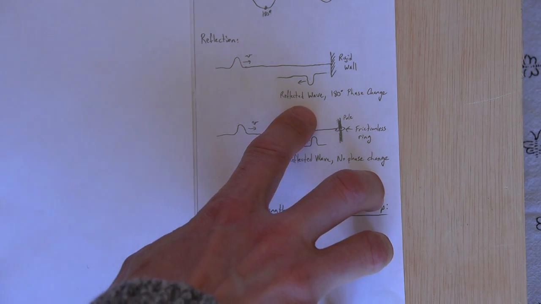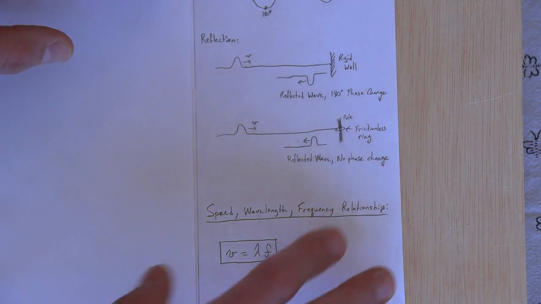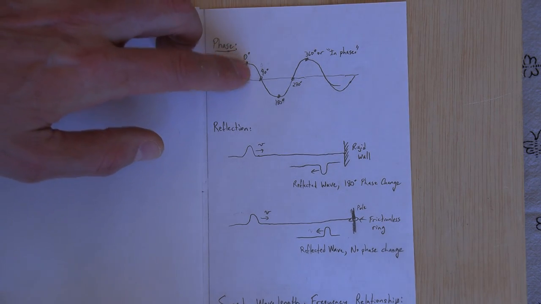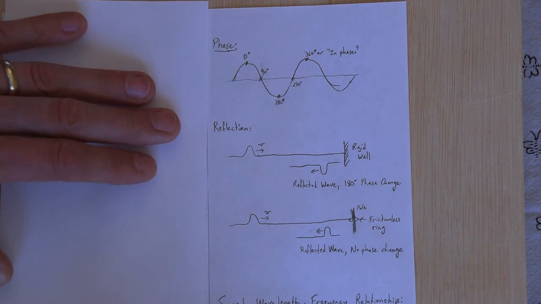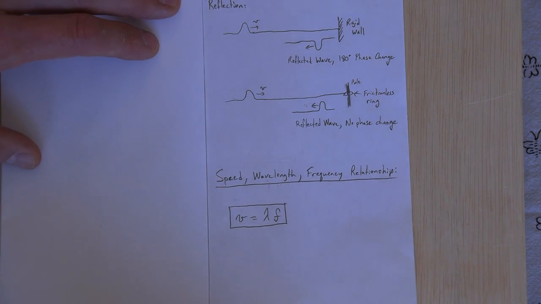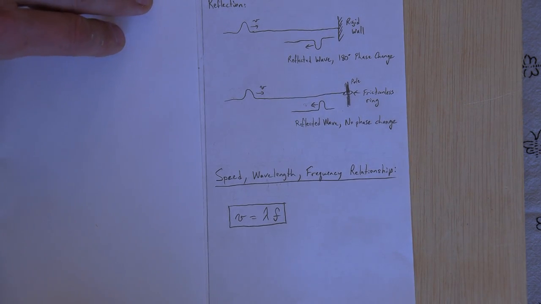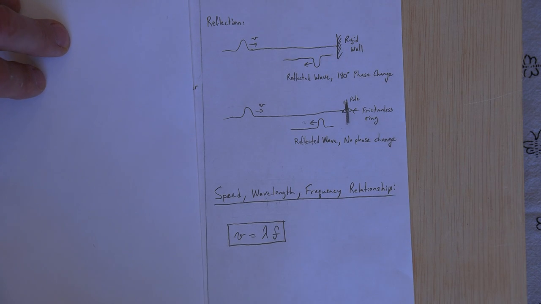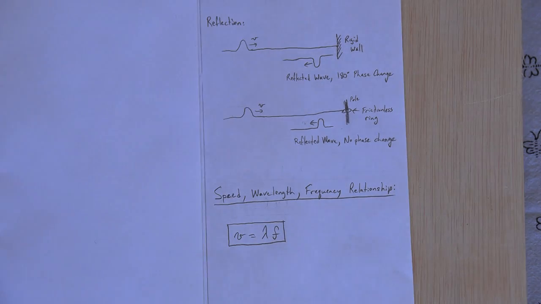So we would say the reflected wave is 180 degrees out of phase with the original wave. Okay, so that's reflection with a rigid wall.